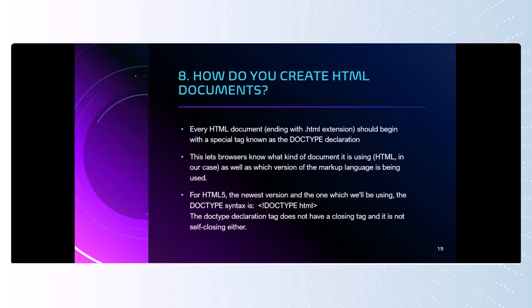Normally index.html is the home page, and then you can also have other pages, but they all have the .html extension, and they begin with a special tag, which is doctype. It's a tag, not an element. It only lets the browser know what type of document it is.